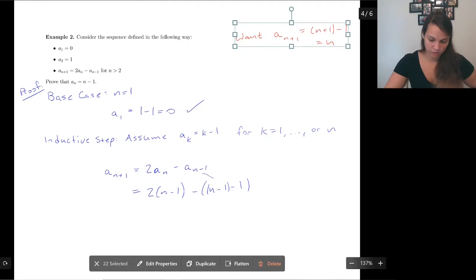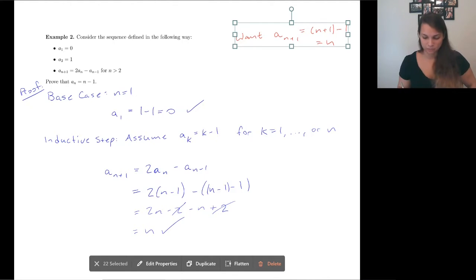Now I get to use this right here because it's true for all of them. And now if I do this simplification, these cancel. Excellent. So I got where I'm supposed to be.